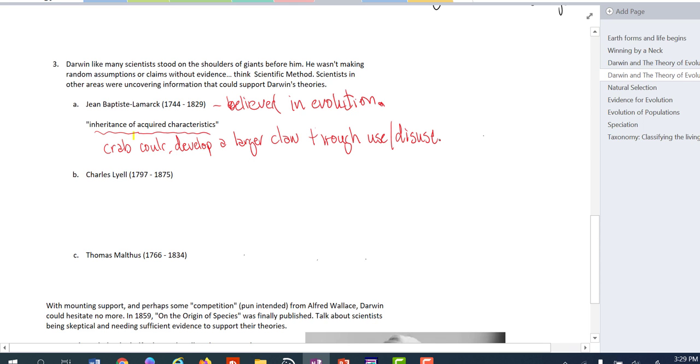If you use something more, maybe it gets bigger and it gets more developed, and then you would pass this trait on. That's the key, right? You pass on to offspring. Now we know that this is fundamentally incorrect, but nevertheless, you've got supporting ideas around the idea of evolution and that things change, right?